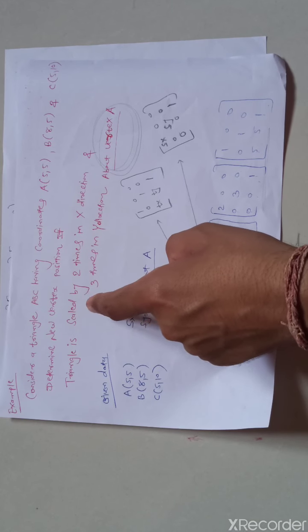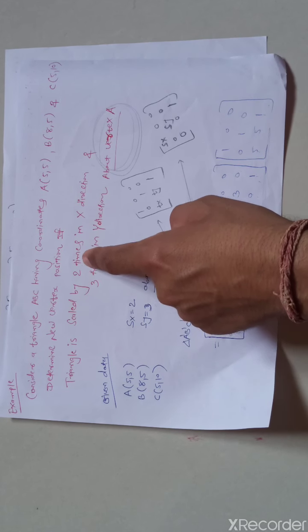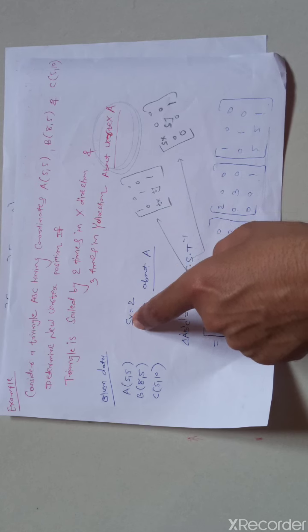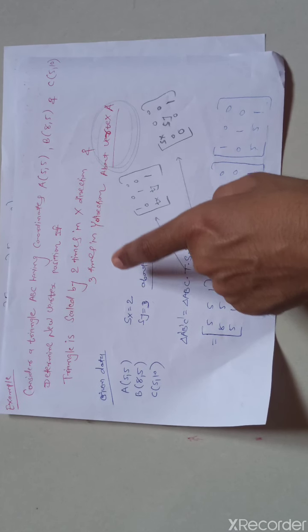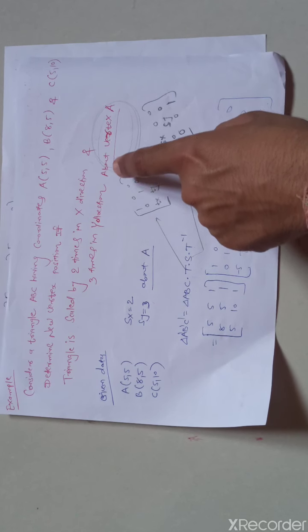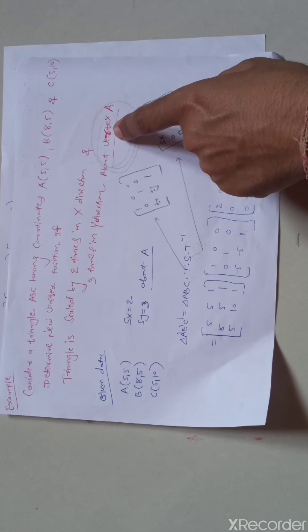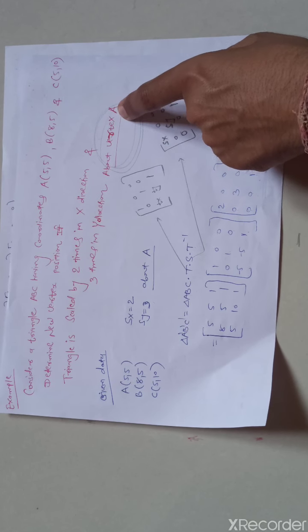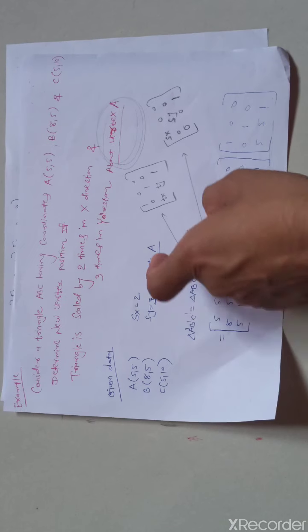Then the scaling factor is given: 2 times in x direction means sx is given, 3 times in y direction means sy is given, and we scale this triangle with respect to the point A. So write down about A.